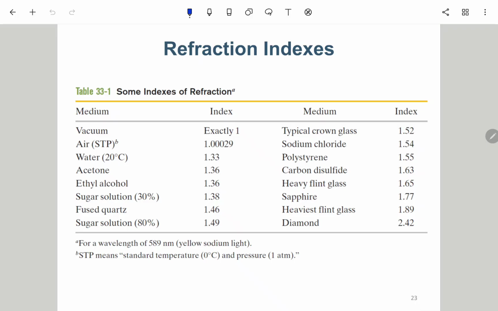Just to let you know. And then here is the table of refraction indices.